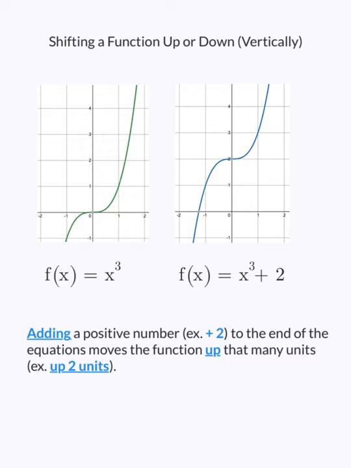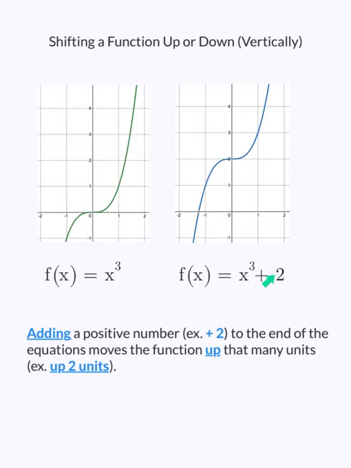If we start with a parent function of y equals x cubed, the normal function would go through the point 0, 0. But when we take x cubed and add 2 at the end, it shifts the original function up 2 units.